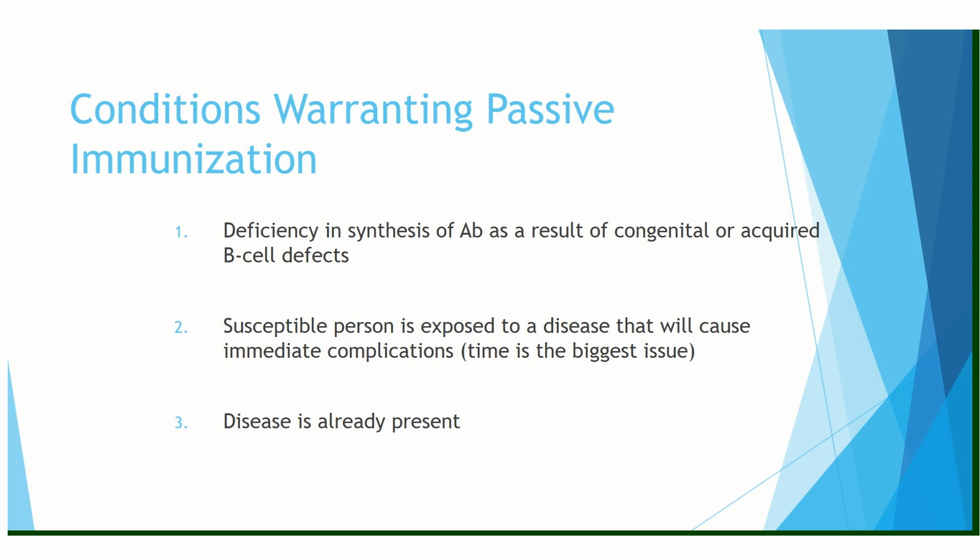For example, some severe complication might come from the vaccine. And number three, the disease is already present. Those are the three main obstacles with passive immunization.